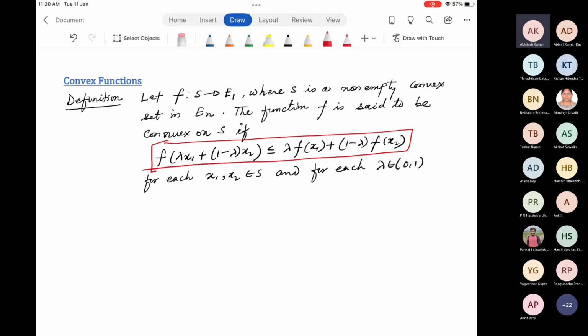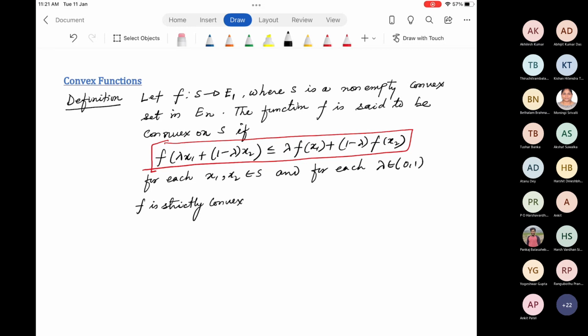Now we also have some more definitions here. That is, f is strictly convex. So based on whatever you have studied, whenever I say strictly convex, what does that mean?